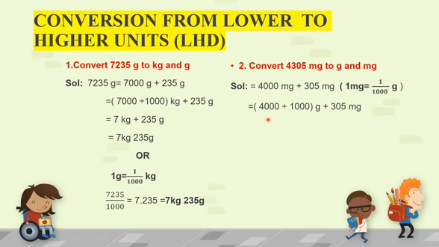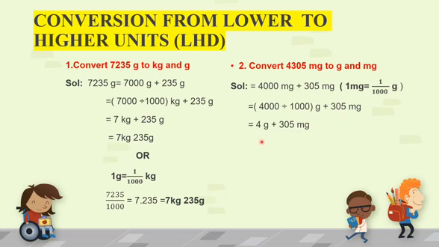So here 4000 will be divided by 1000, right? 4000 divided by 1000 gram converted, and then plus 305 milligram will be brought down as it is. 4000 divided by 1000 is 4 grams plus 305 milligram brought down as it is.